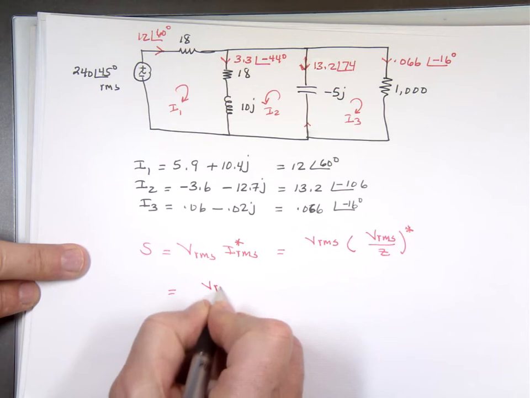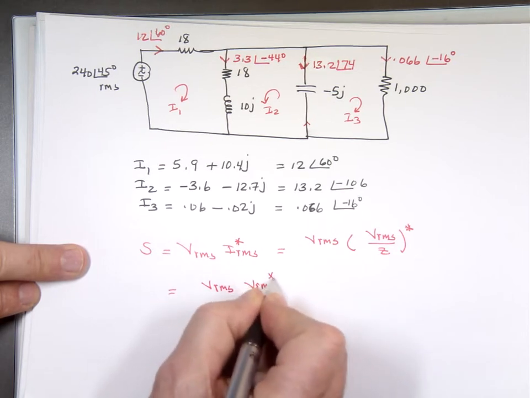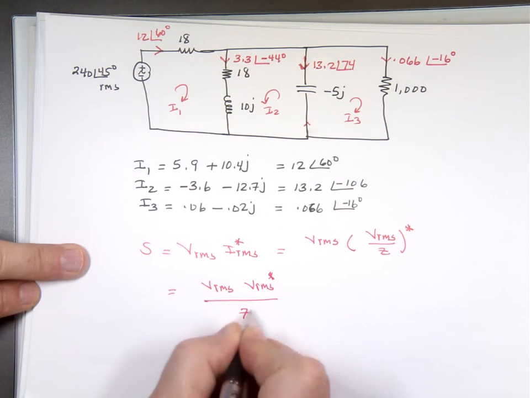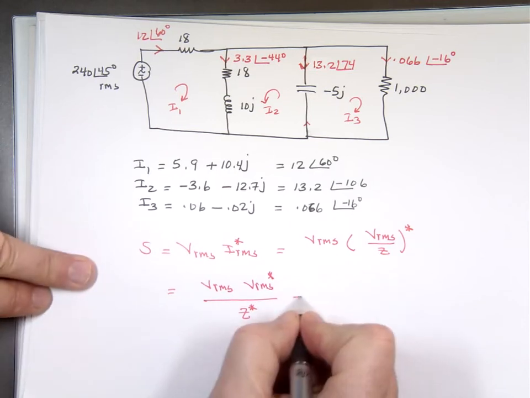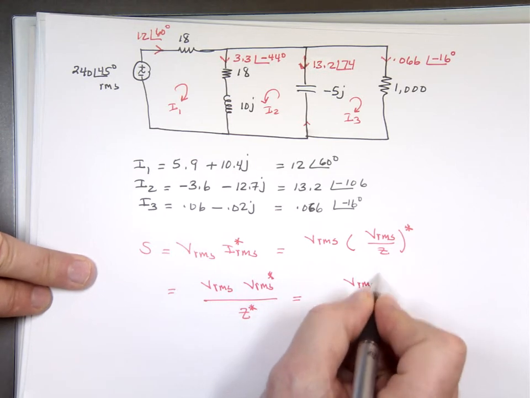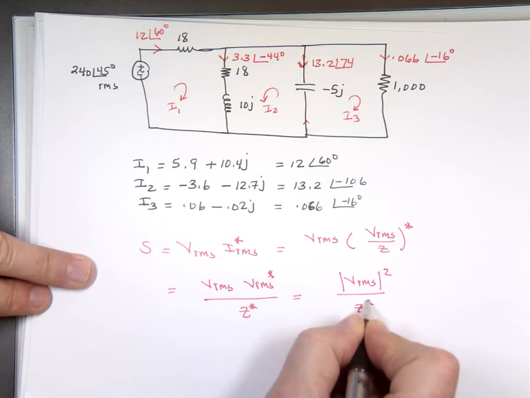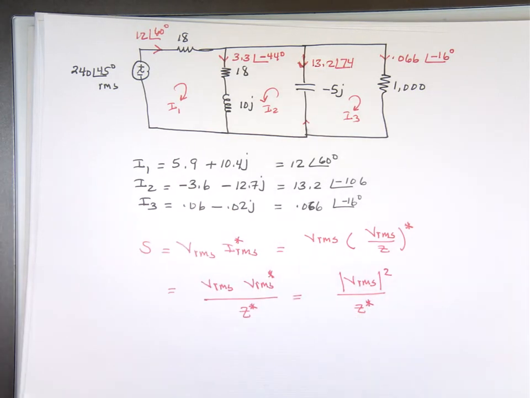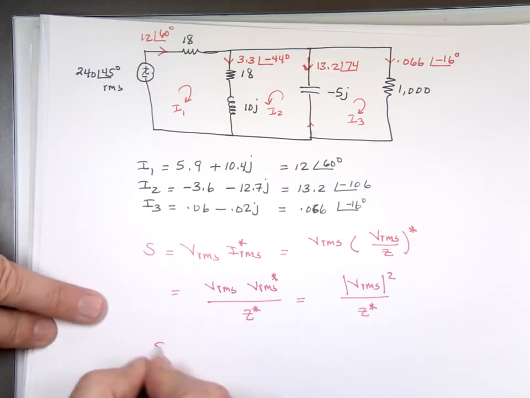V RMS conjugate over Z conjugate. So the magnitude of that, if you want to find the magnitude of that complex power, V RMS squared divided by Z conjugate. Well, I don't have the voltage here, but if I do the current here, S equals what?